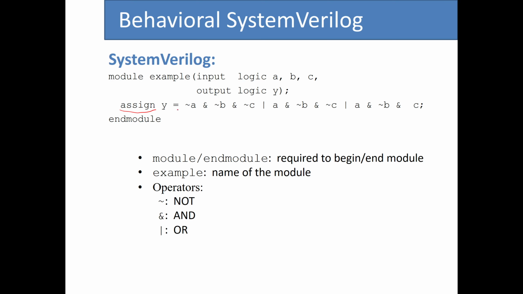So now based on this, we should be able to easily write down the function y equals a bar, b bar, and c bar, or a, b bar, c bar, or a, b bar, c. So this is the basic functionality that we want to have for our System Verilog module.